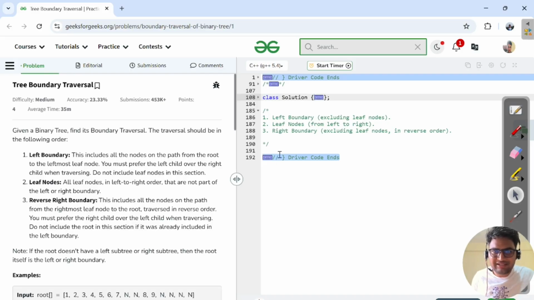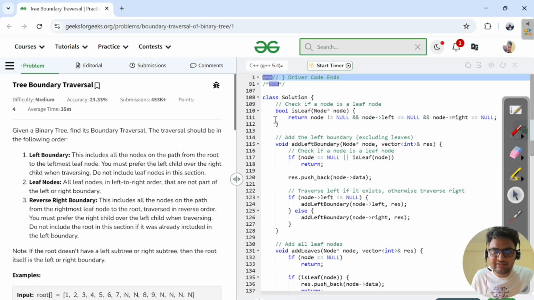So what I have added, I just implemented whatever is mentioned here, right? First the left boundary, then the leaf nodes, and then the right boundary, correct? So this is my solution. I have added some helper functions here instead of one single function. I have added an isLeafNode function here.